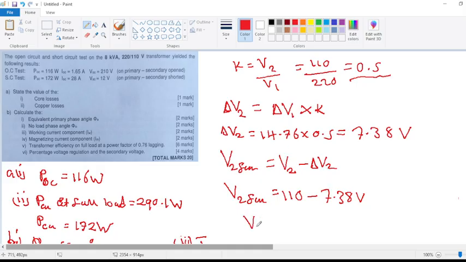So V2 at full load is equal to 102.62. This is the voltage on the secondary side, meaning we've calculated all the answers from the first to the last. Thank you.